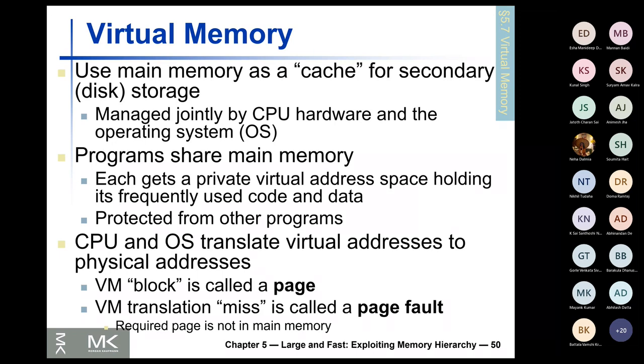These pages are typically larger than blocks, and of course much larger than a single word. What is the typical size of a page? The typical size of a page is several kilobytes at least, and can be several megabytes also.